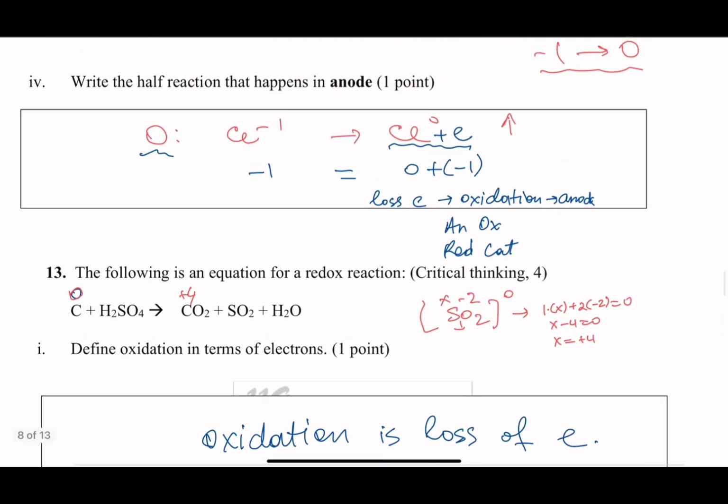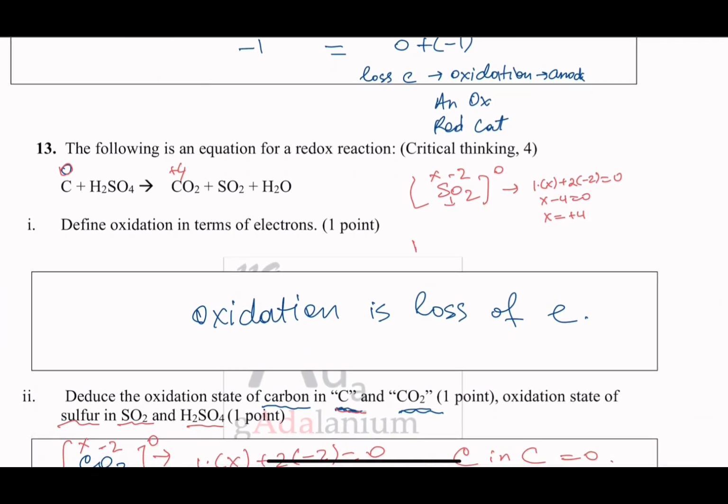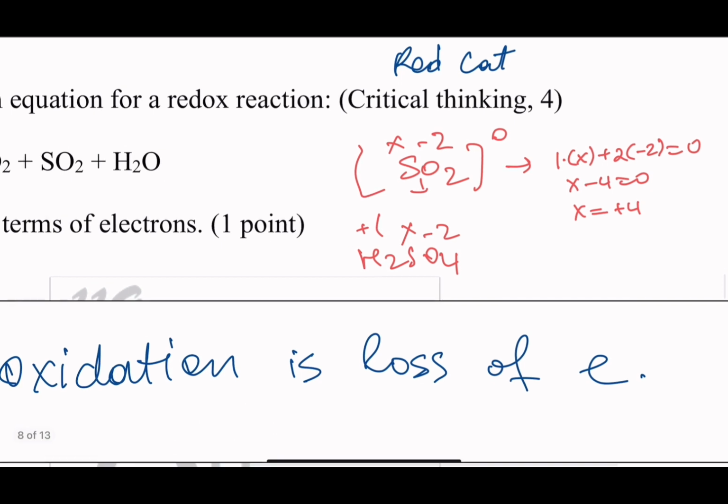Let's do H2SO4. So we know that oxygen is -2, hydrogen is plus 1, and sulfur is X. Let's do the math together. They add up to 0.